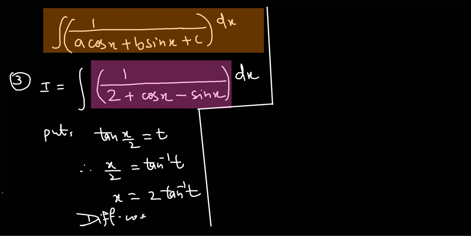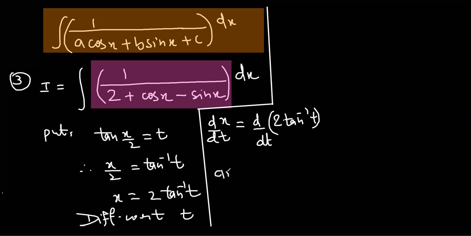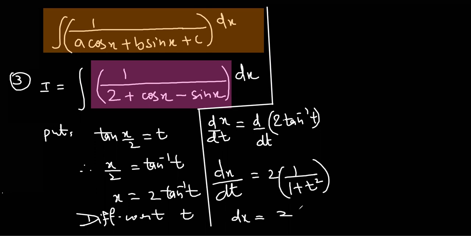Differentiating with respect to t, we get d by dt of x equals d by dt of 2 tan inverse t. So I get dx by dt equals 2, which is a constant, times d by dt of tan inverse t, which is 1 upon 1 plus t square. Now I multiply by dt on the right side, and I get dx equals 2 dt upon 1 plus t square.